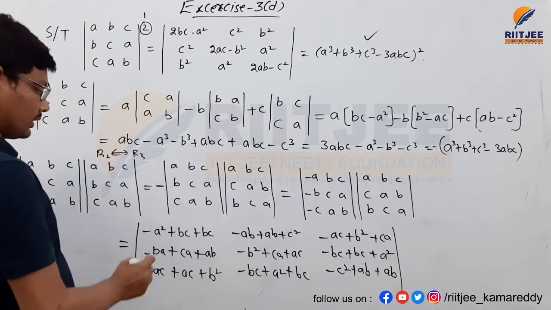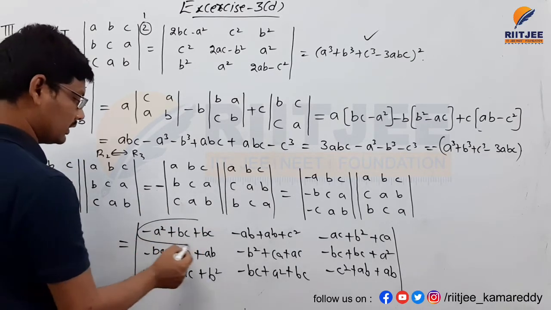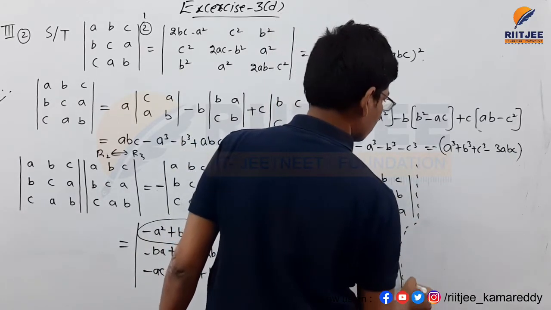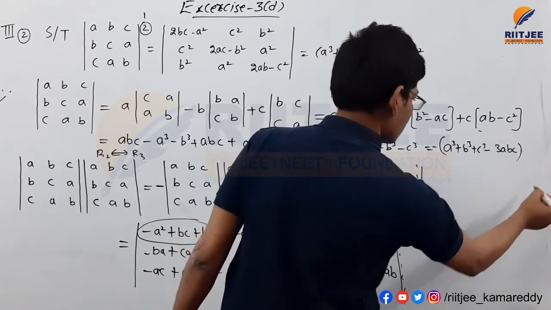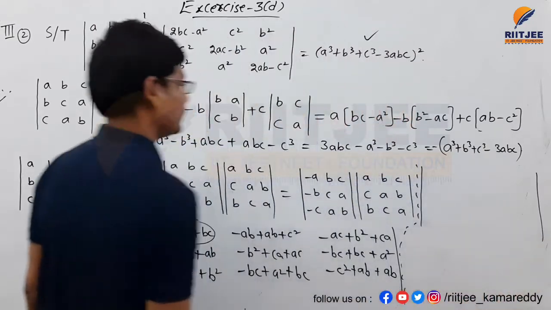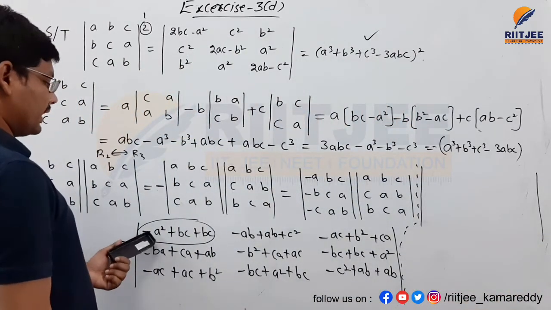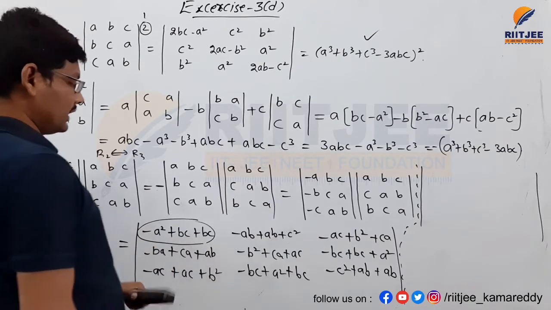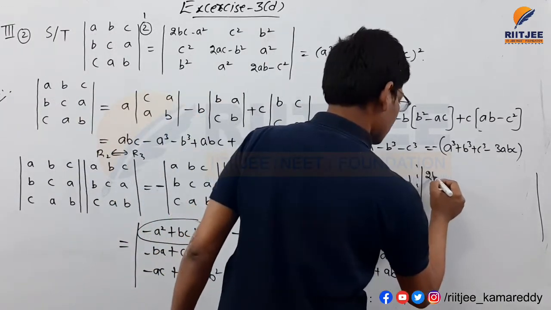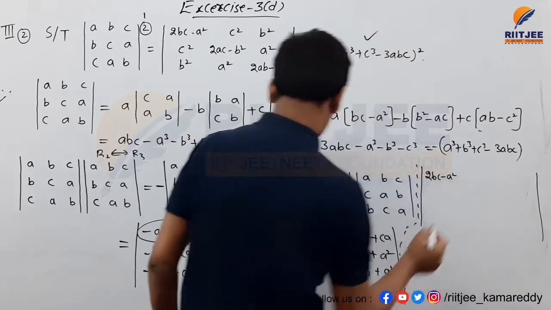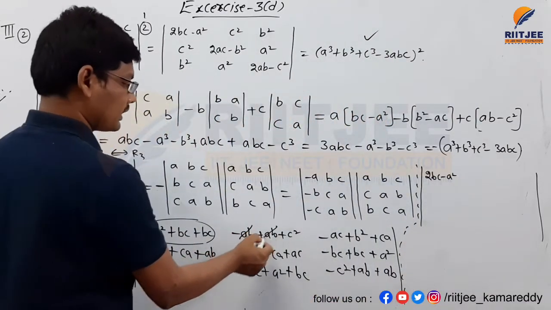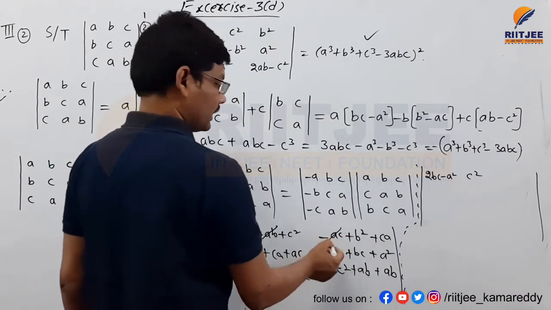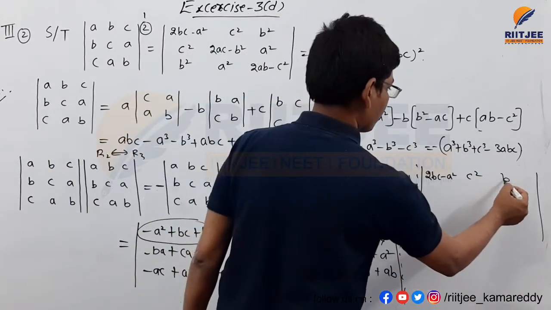According to here, if you observe this element, I am writing the solution for this one. And here minus A square, BC plus BC is nothing but 2BC minus A square, I am writing 2BC minus A square, and plus AB minus AB cancel, that is C square, and plus AC minus AC cancel, that is B square.